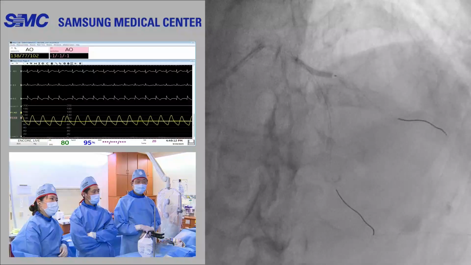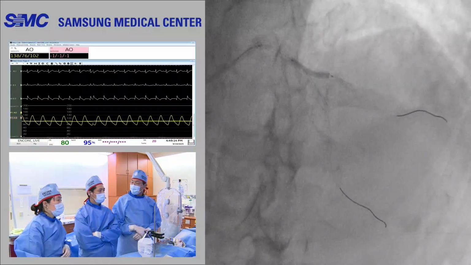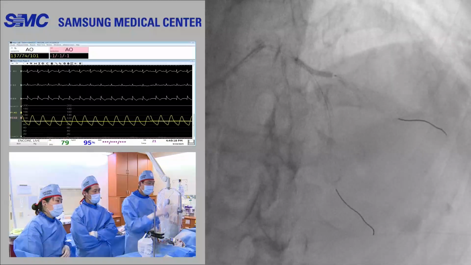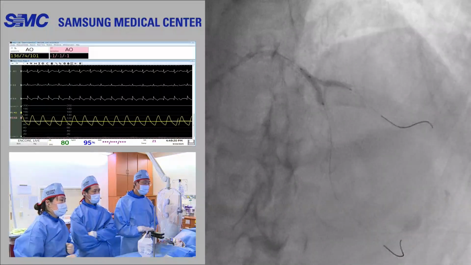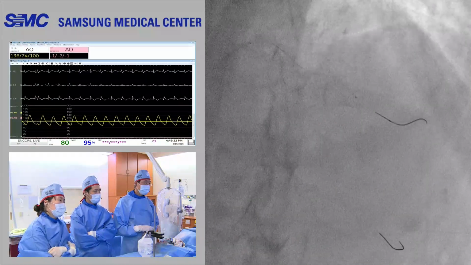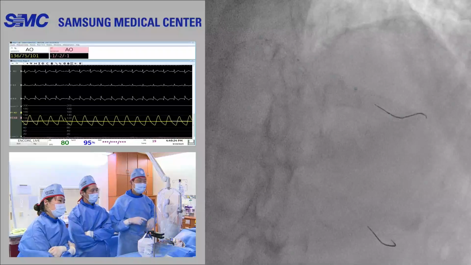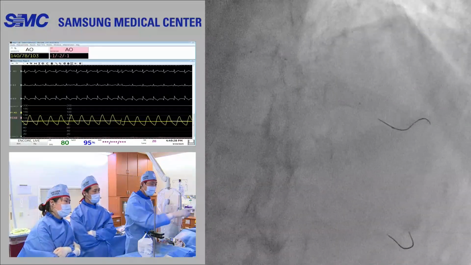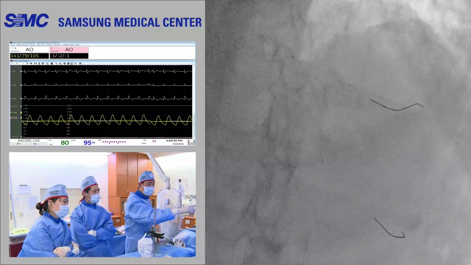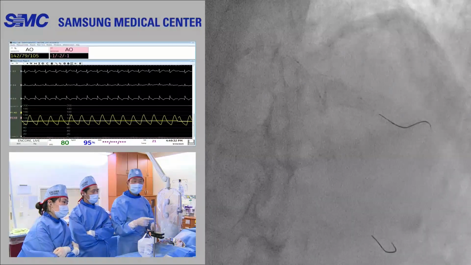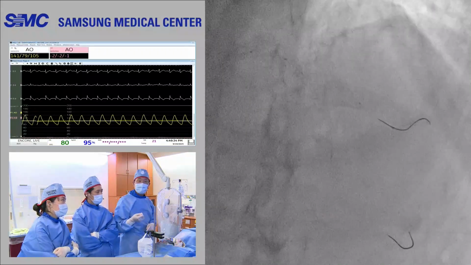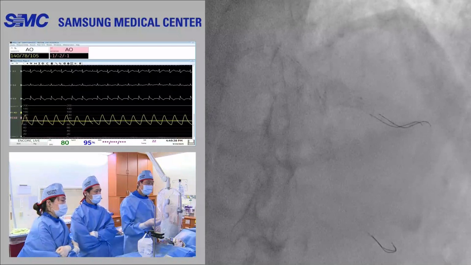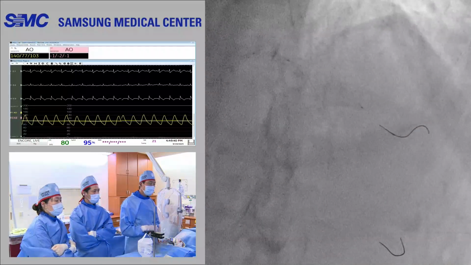Yeah, actually we have a very nice expansion of the DCB after cutting balloon. So we did cutting, then the DCB. DCB is a little bit higher profile, larger profile. I stayed the balloon in the diagonal, then I pushed another DCB, not a new balloon, just the DCB, and put another balloon and pulled back.